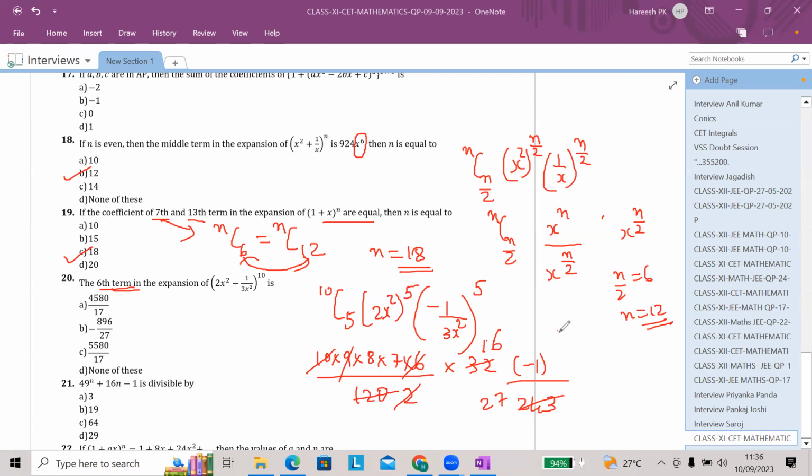So 16 into 56. 16 sixes are 96, 16 fives are 80. 896 by 27 with a minus sign. So it is option B. Right? So quite easy, straightforward questions.